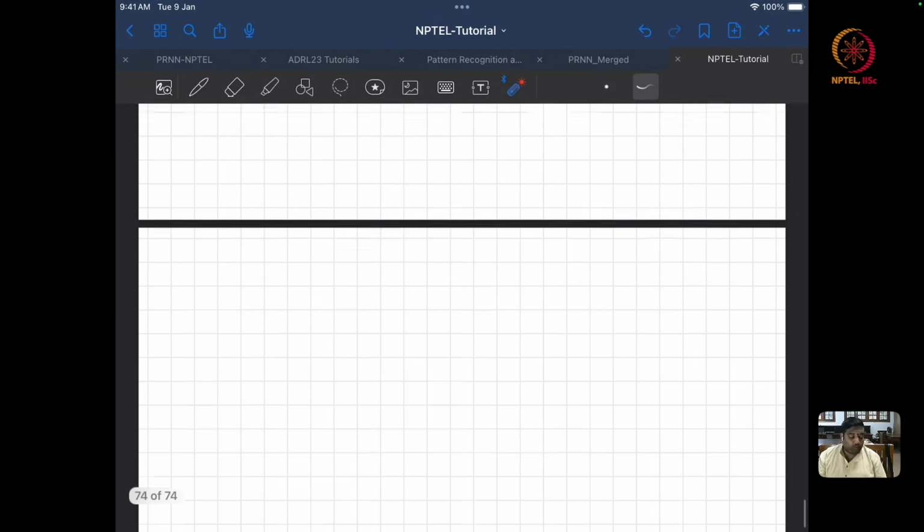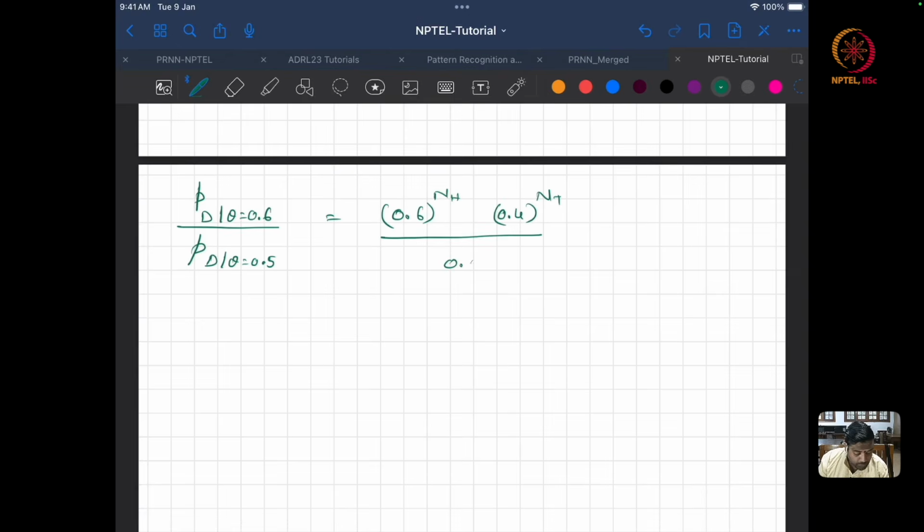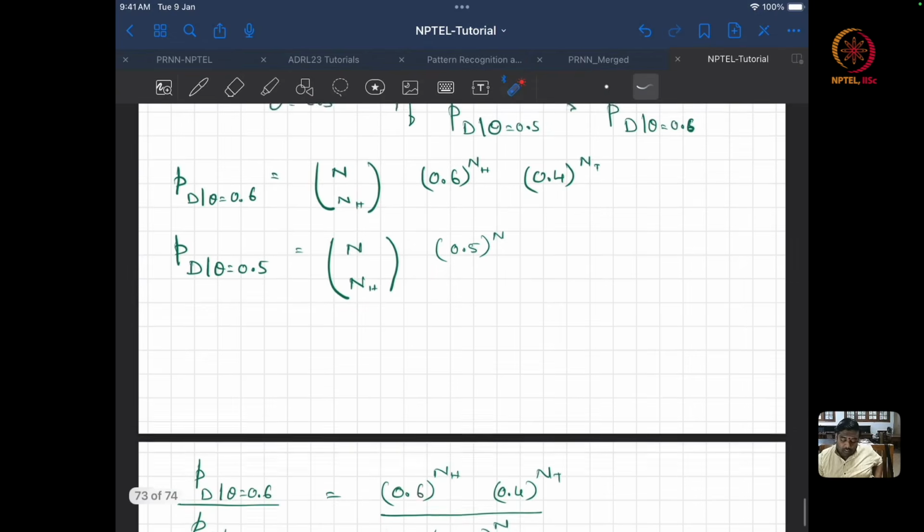Okay. So now you want to find the ratio. The ratio is P of D given theta equals 0.6 divided by P of D given theta equals 0.5. That is 0.6 to the power of NH, 0.4 to the power of NT, divided by 0.5 to the power of n. See, what happens is this term is common.